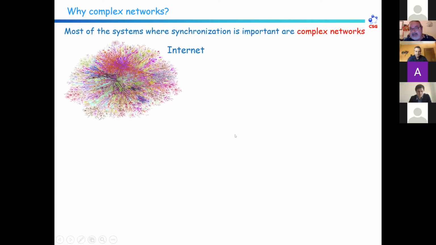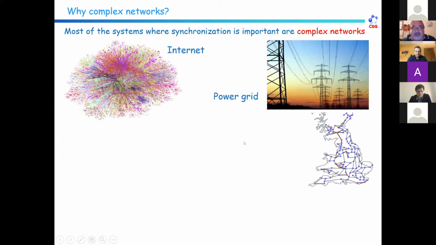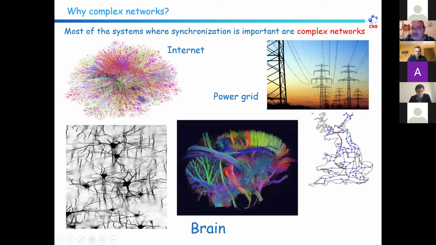I repeat that we are using a slight modification of the Kuramoto model, in the sense that since we want to describe this in networks, we have to take into account that the different oscillators are not interacting all to all, but they are interacting on a structured network.